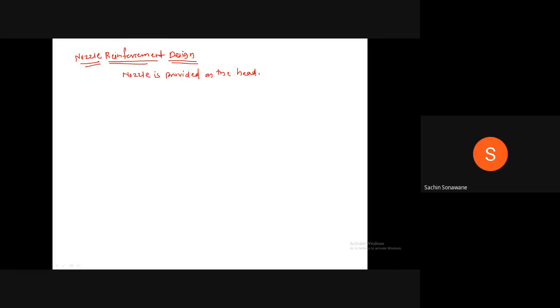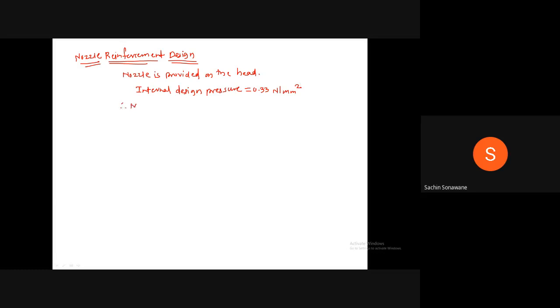Now, internal design pressure. Internal design pressure is equal to 0.33 Newton per mm square. Now we'll calculate nozzle thickness.